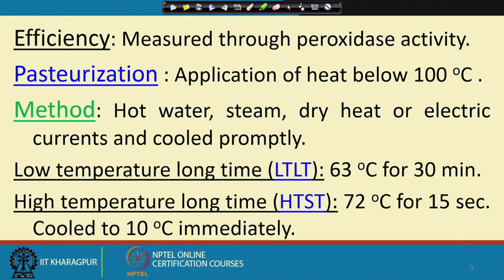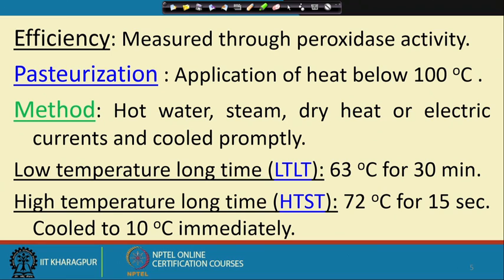There is advantage and disadvantage, we have already said, but how do we measure whether we have achieved our aim? Suppose for a typical case we have seen that if we do blanching, it will be good for the product, right. Now, how do we know whether the blanching was accomplished or not? That is measured by a term called efficiency, right.